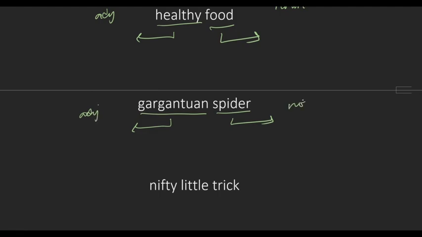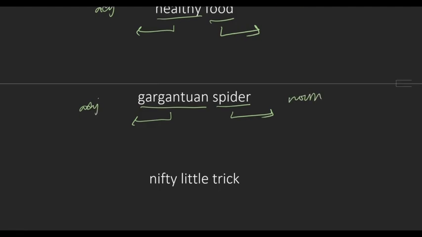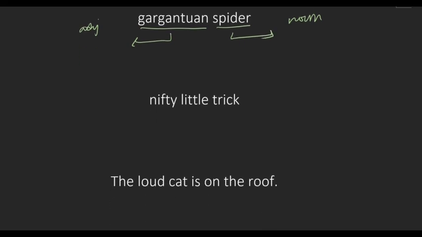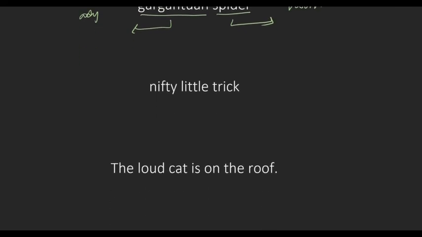Okay. One more. Nifty little trick. So trick is being described as being both nifty and little, so the described has 2 descriptions? Yeah. So we have 2 descriptions for one described. And this happens sometimes. It doesn't happen all that often, but it happens.